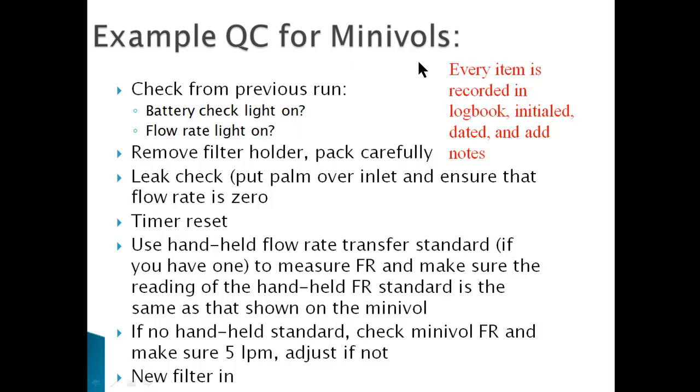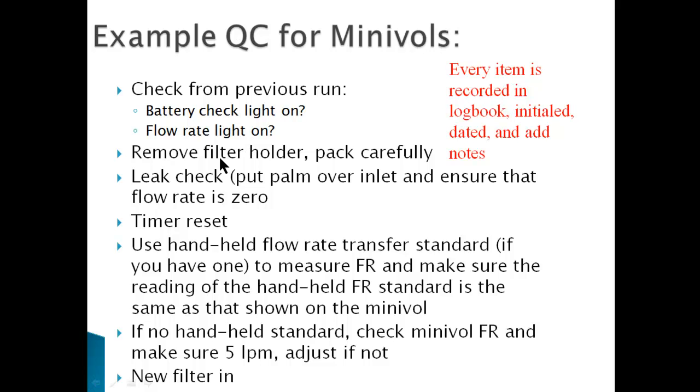So Minivols. This is just an example of the type of QC that you would do if you're monitoring using a Minivol. So you get to your site and you check what happened at the previous run. So you had set it to run for 24 hours. Are there any lights on? Battery check light, flow rate light.